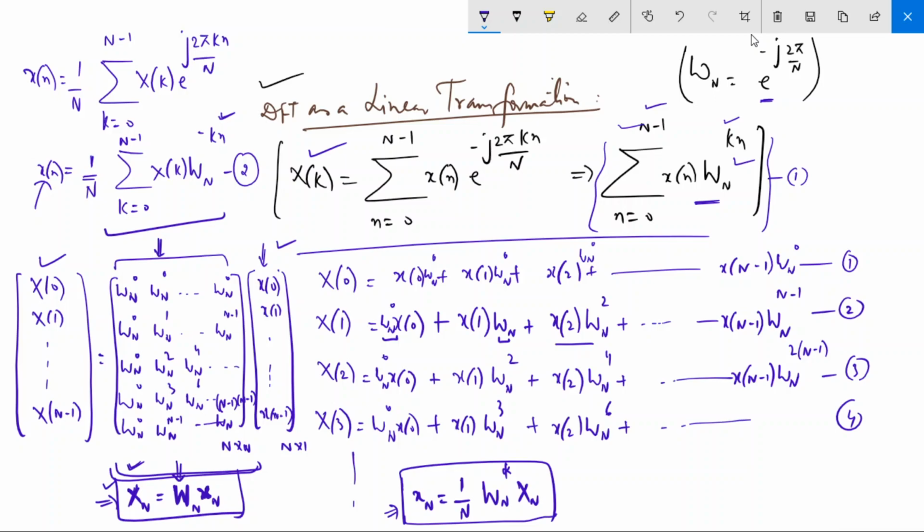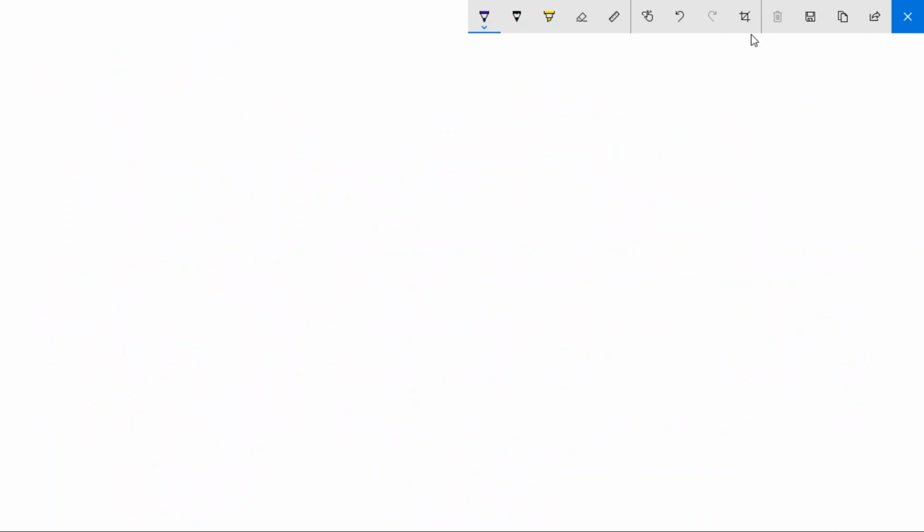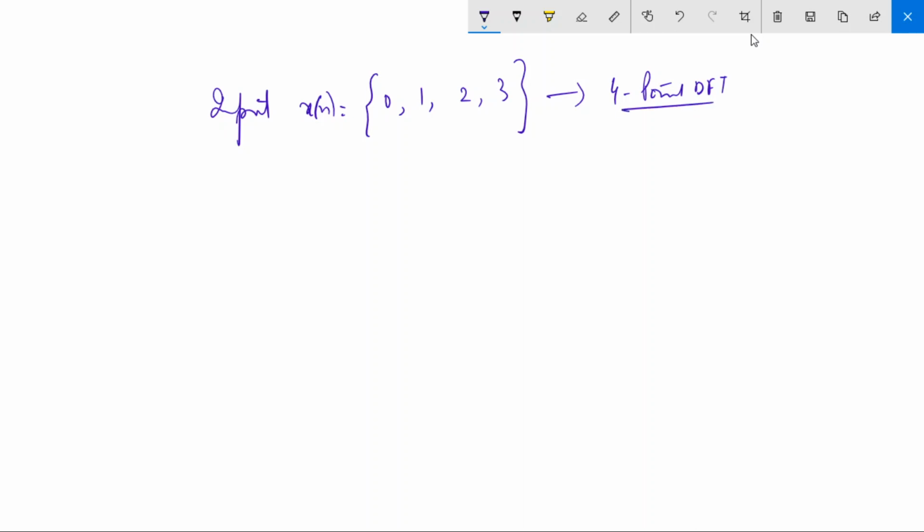Okay, so let us take one example. Suppose we have an input sequence xn equal to 0, 1, 2, 3, and you have to find its 4-point DFT using linear transformation.